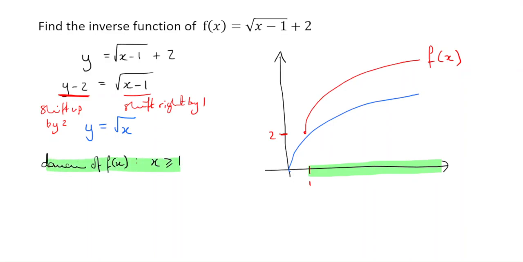Well, the range is the set of all output values, right? So we expect the output values to be greater than 2. So we can say that the range of f of x is that y must be greater than or equal to 2. Okay, so far so good. So by drawing this diagram, we're able to see what is the domain, what are all of the x values, and what is the range, what are all of the y values.